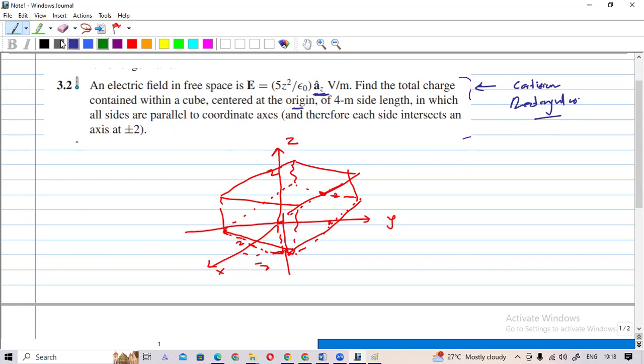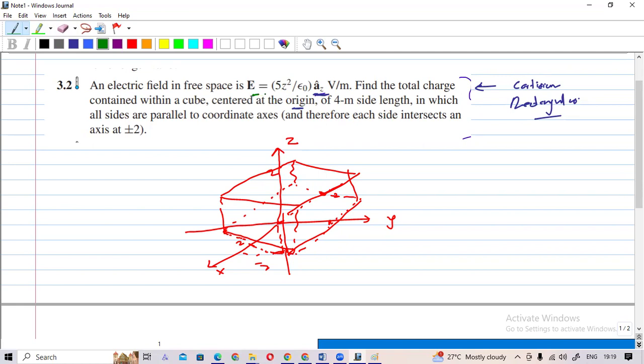All sides are equal. So we have to find the total charge contained within the cube.